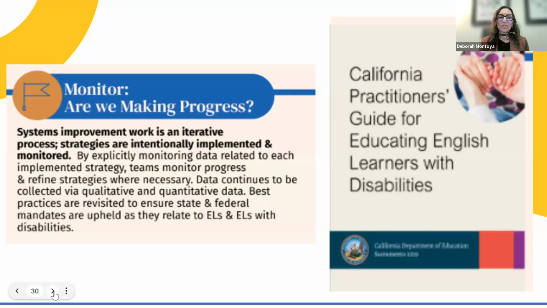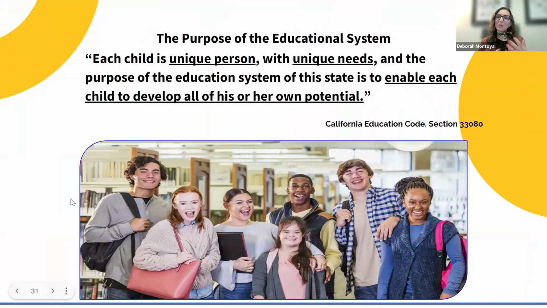So the resource in and of itself can help us as a system look at our big why, what does the data say, and to ground us as together we work on the true purpose of our educational system to assure that all students, every student, is afforded opportunities as a unique person as they are to have their needs met and to enable each of our students to develop to their own potential.